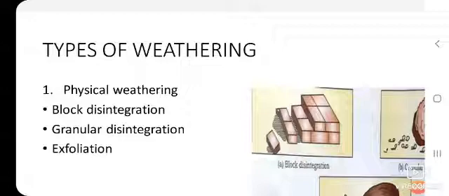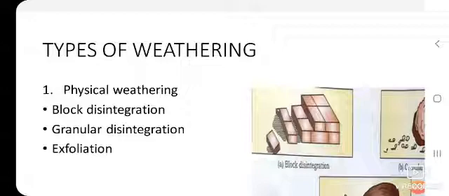Disintegration of rocks by a mechanical process is called physical or mechanical weathering. It is the disintegration of rocks without any change in their chemical constituents. There is no chemical change at all in their chemical constituents. This is known as physical weathering. So children, what is physical weathering? It is also known as mechanical weathering.